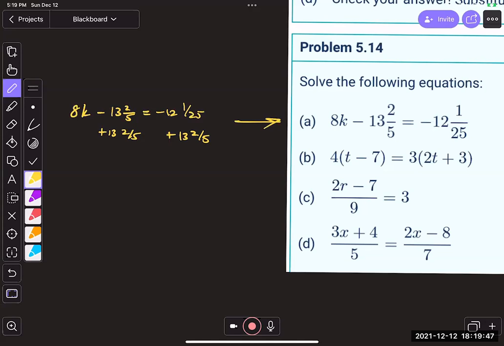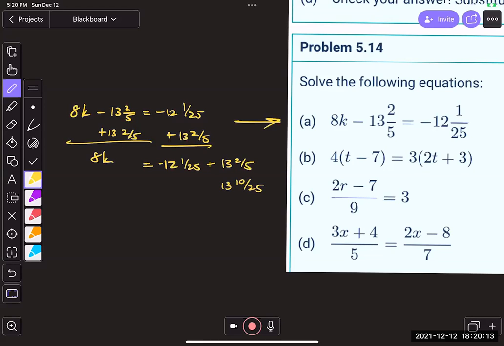So what is that going to get us then? On the left side, what do we have? 8k. And then on the right side? Well, can you write it out? First you would make 13 and 2/5, 13 and 10/25.